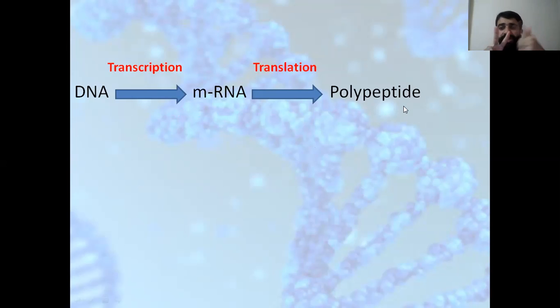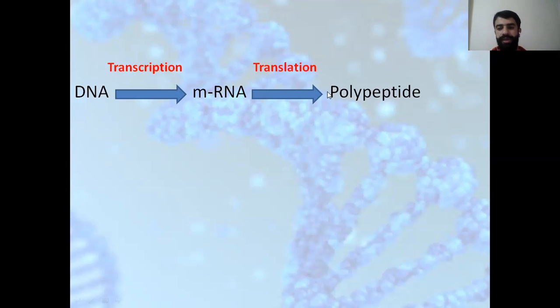The first is transcription, and the second is translation. These two processes are very important in the movement from the DNA to the chain of amino acids, the polypeptide or the protein. The DNA, by transcription, gives mRNA, and mRNA, by translation, gives polypeptide.